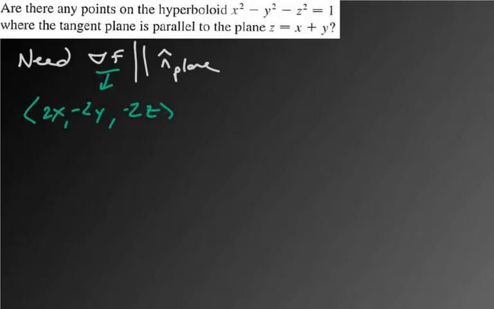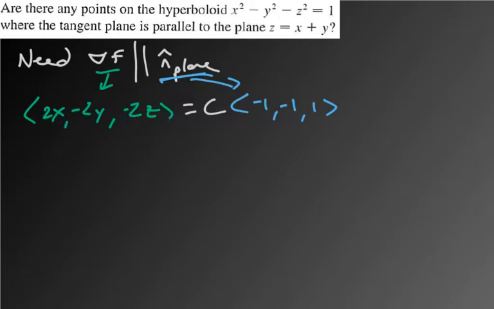And we basically want to set that equal to some scalar times the normal for the plane, which is just going to be -1, -1, 1. So basically I brought these guys over. Since we're talking about parallel, we could take away all the 2's here.